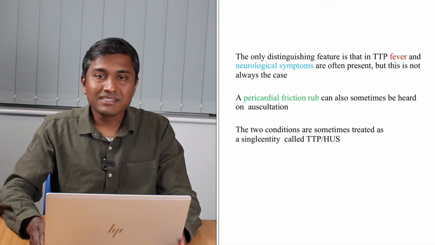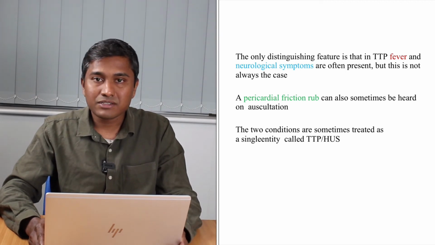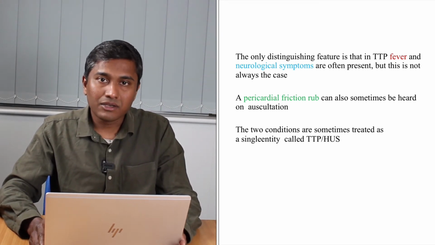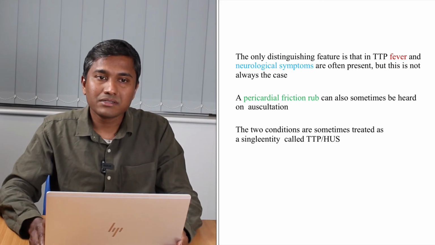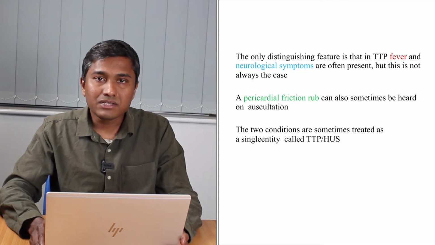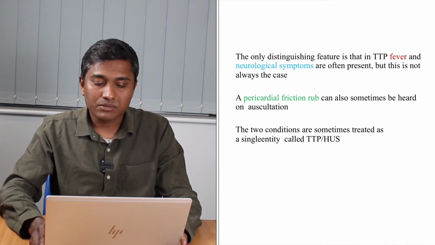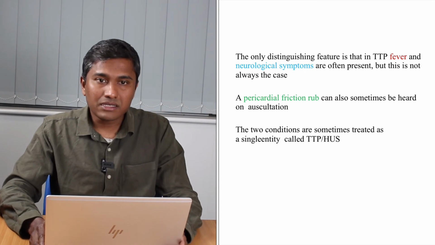Sometimes the distinguishing feature between TTP and HUS is that in TTP there is fever and neurological symptoms, which is not very commonly seen in HUS, but this is not the case all the time. These two diseases are very similar and they are treated as a single entity called TTP-HUS most of the times.